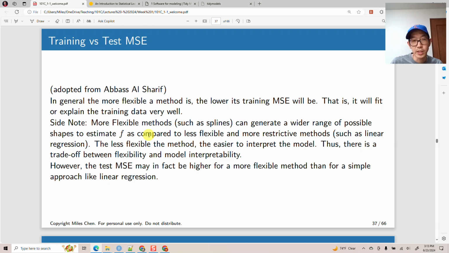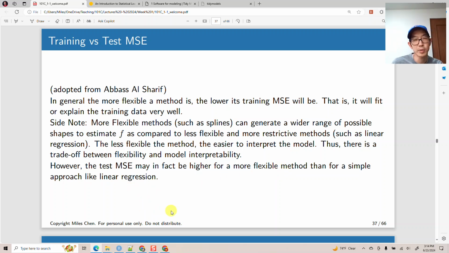There's also a trade-off between flexibility and model interpretability. But the test mean squared error could end up being, in fact, even higher for a more flexible model than for a simple approach like linear regression.